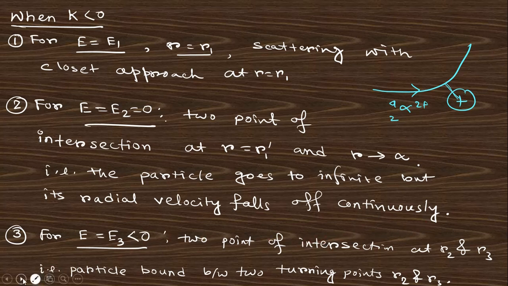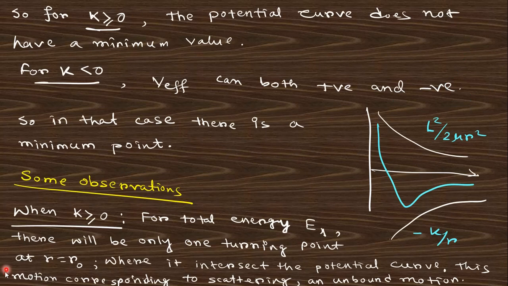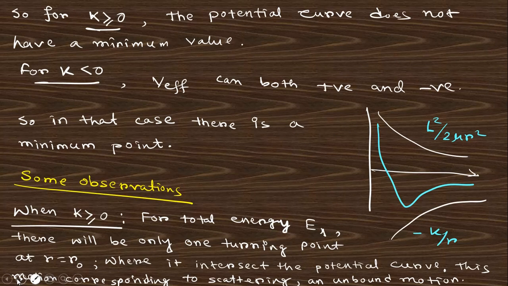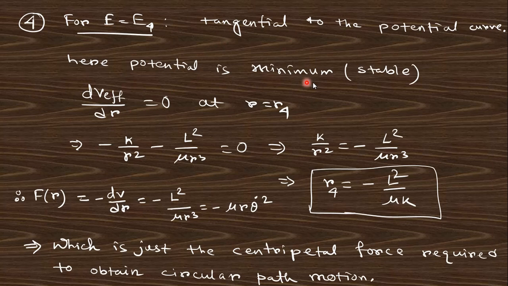In the fourth case, when the line is tangent, the energy is minimum at that point and the first derivative of V effective will be 0. At r equal to r4, the derivative is 0. If you take the derivative, the value of r4 comes out like that, which is just the centripetal force required to obtain circular motion.